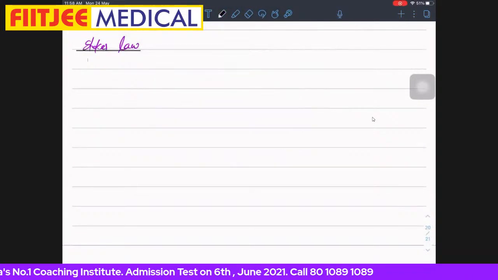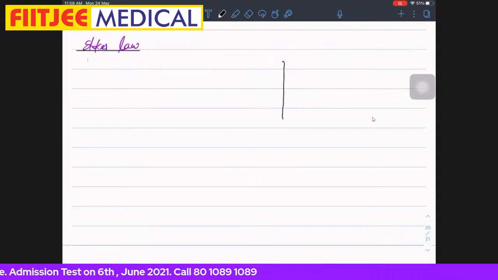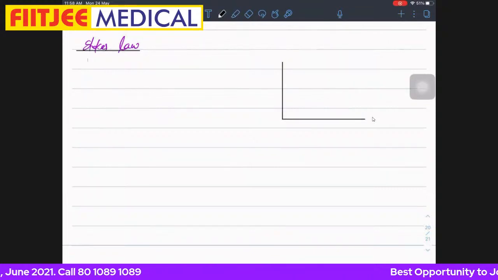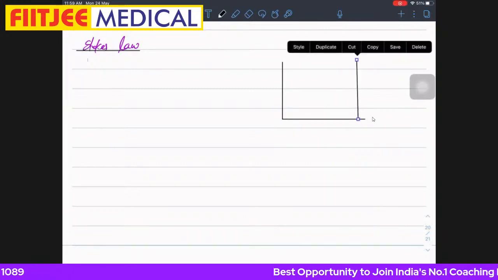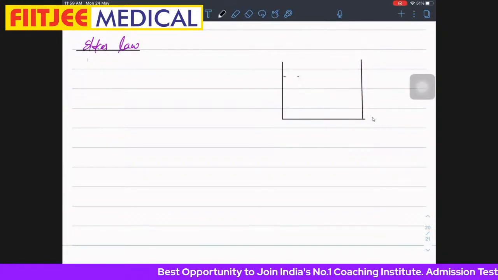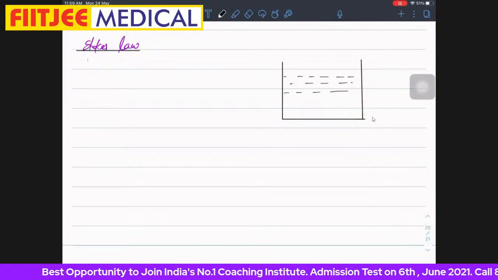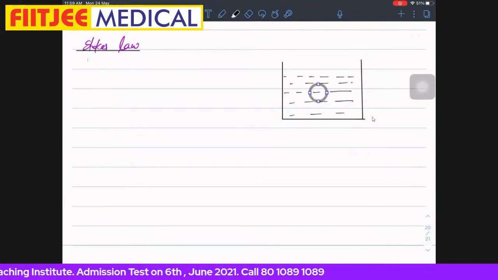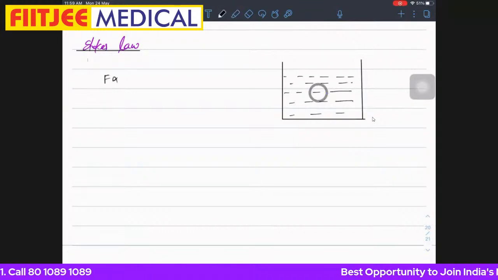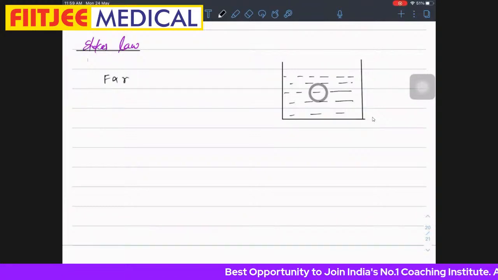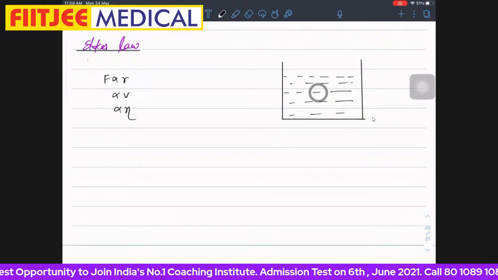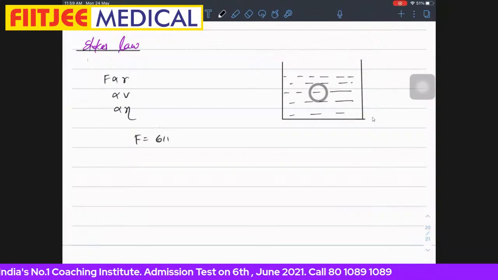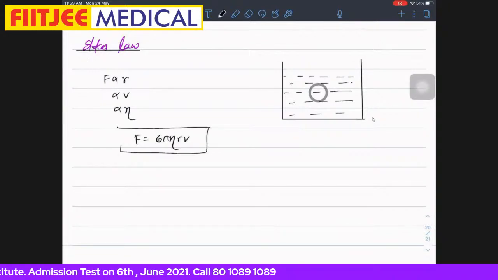It dictates that if a solid sphere is moving inside the liquid, the force on it will be proportional to the radius, the velocity, and the viscosity. So the force comes to 6 pi neta RV if we include all these things.